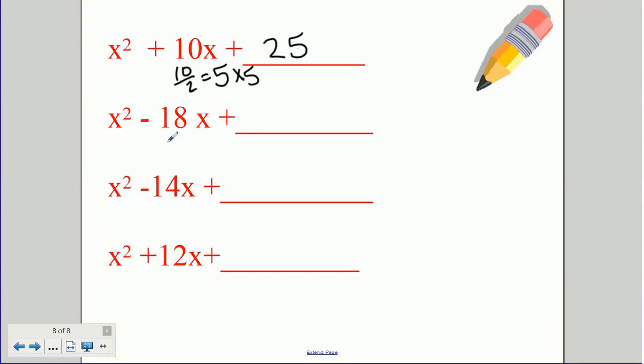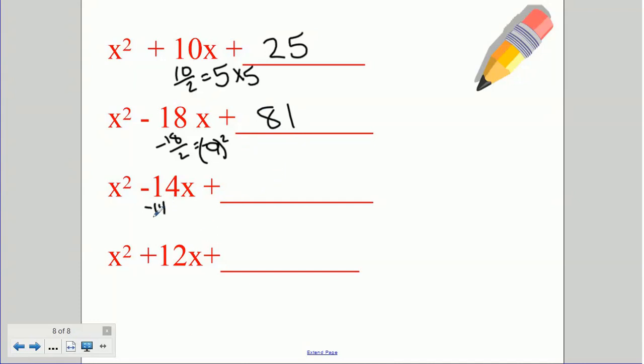What about this? Well, negative 18 divided by 2 is negative 9. But now think about it a little bit. We've been multiplying 5 times 5. So basically, would you agree with me? This is negative 9 squared. So what's negative 9 times negative 9? Well, that's 81, right? What about this one? Let's go ahead and do the same thing.